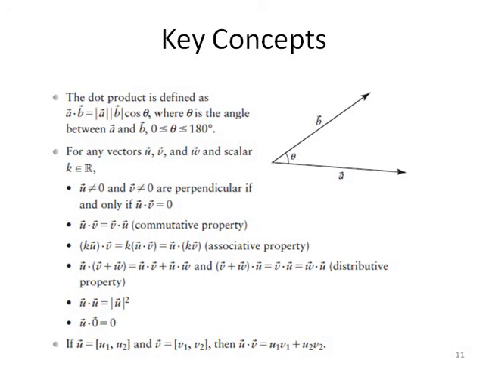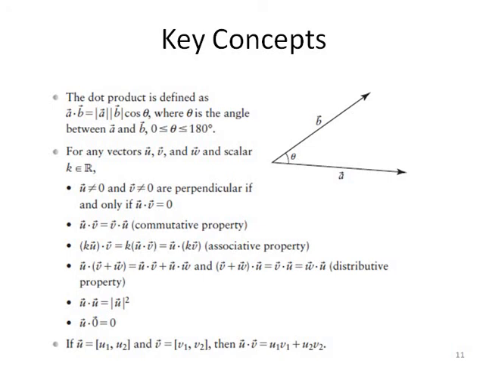Then we have the commutative property, which is the dot product of u and v equals the dot product of v and u. The dot product of ku and v equals k times the dot product of u and v, and equals the dot product of u and kv. After that, we have the distributive property, which, as you saw, is u dot (v plus w) equals u dot v plus u dot w, and (v plus w) dot u equals v dot u plus w dot u.